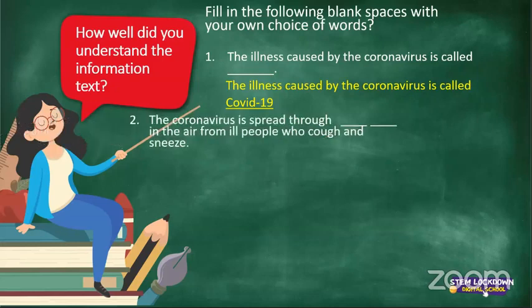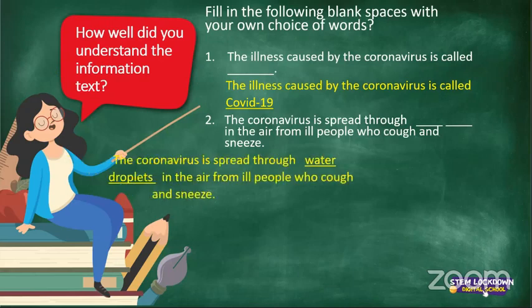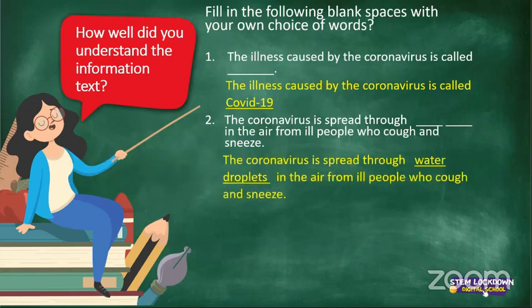Number 2, the coronavirus is spread through two words in the air from ill people who cough and sneeze. Who can think of those words? Okay, I see somebody's got it there. Good. The coronavirus is spread through water droplets in the air from ill people who cough and sneeze.